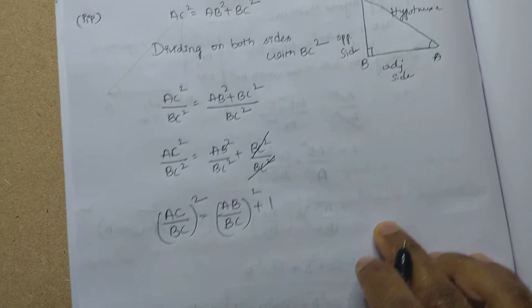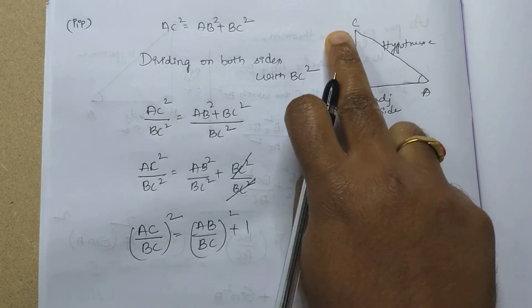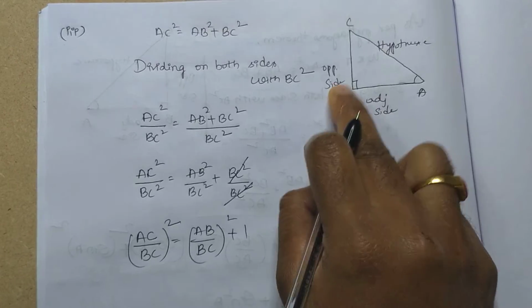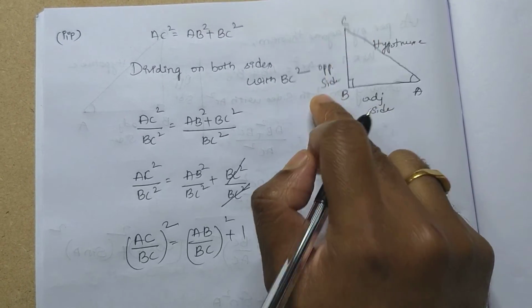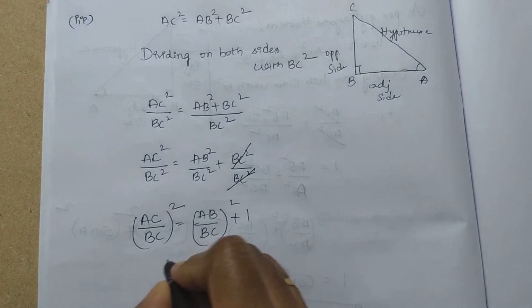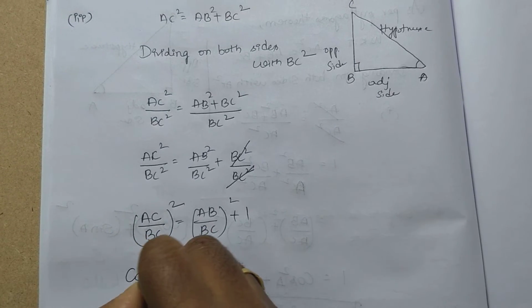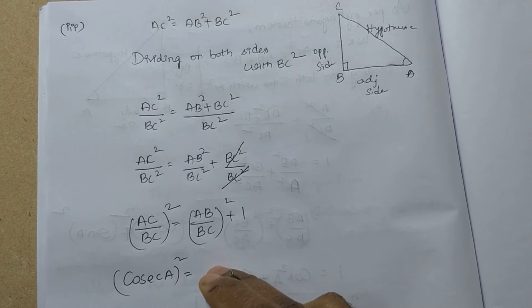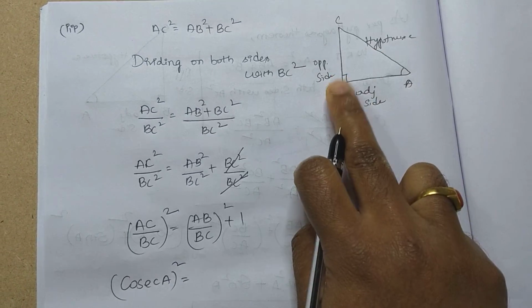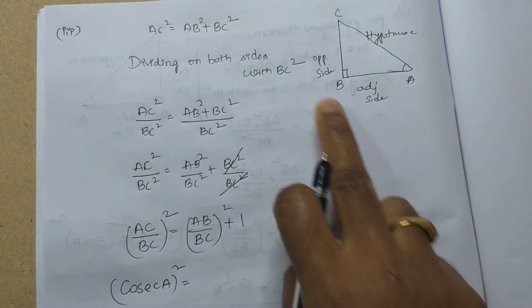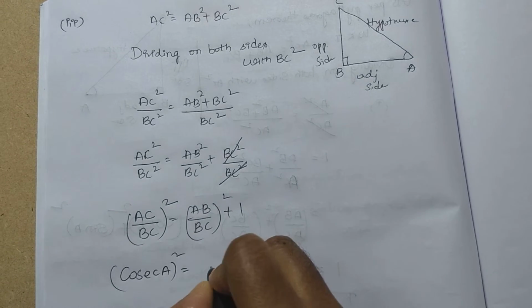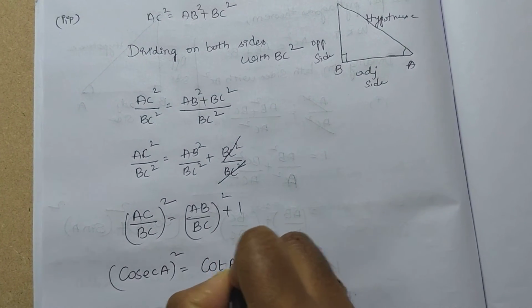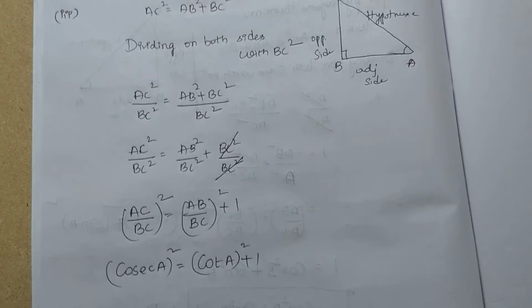What is AC by BC here? AC is the hypotenuse, BC is the opposite side. Hypotenuse by opposite side is nothing but cosecant A. Cosecant A whole square equals AB by BC, adjacent side by opposite side, which is nothing but cot A, cot A whole square plus 1.